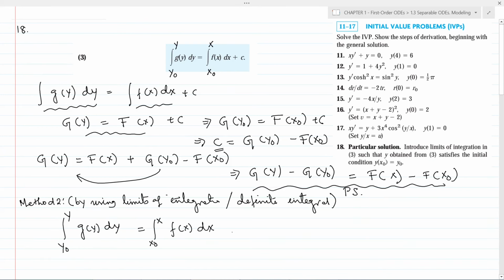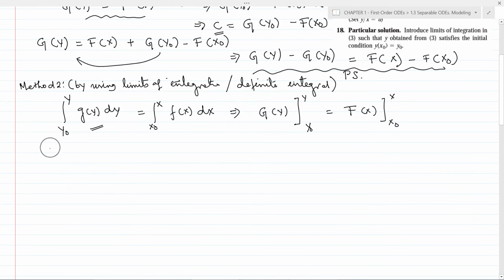We don't need to write this c because we are using a definite integral. Now we had assumed that integration of g of y dy is capital G of y. So this can be written as capital G of y with limits from y0 to y equal to capital F of x with limits from x0 to x.